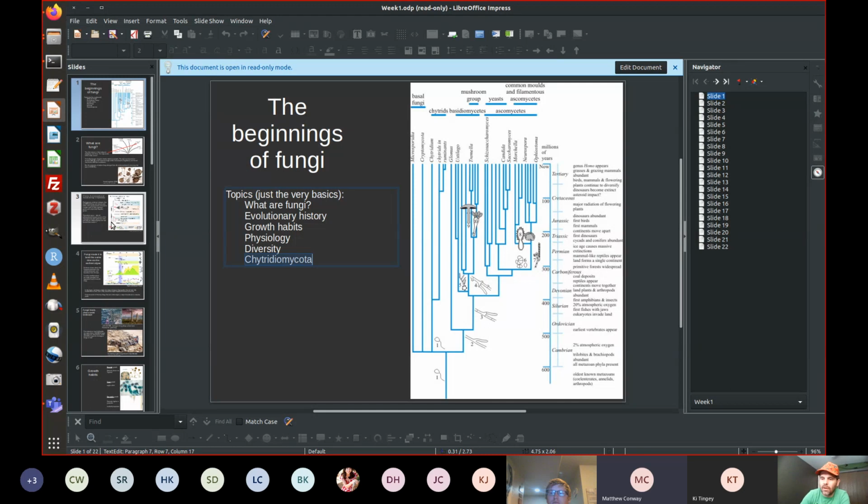And they're really weird because they're quote unquote primitive fungi. They still retain a lot of the characteristics of the common ancestor that they had with animals. So on this picture here, this phylogeny, imagine that down here at my cursor is the common ancestor of fungi and animals.